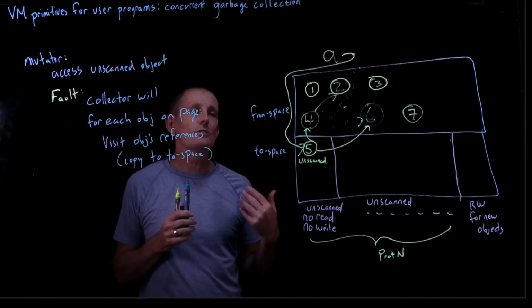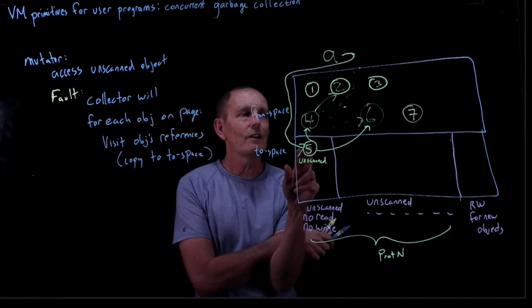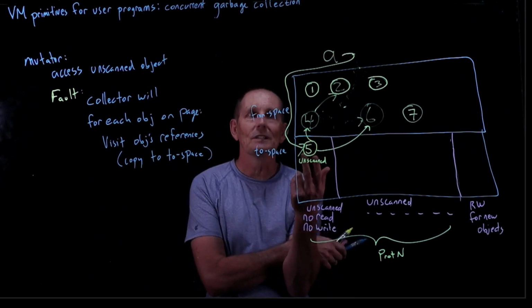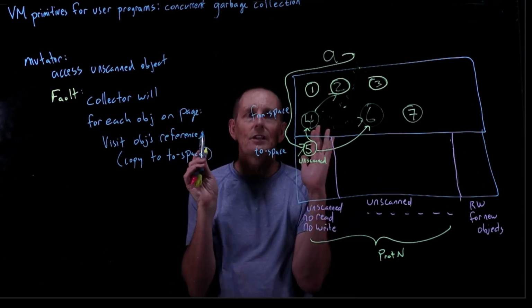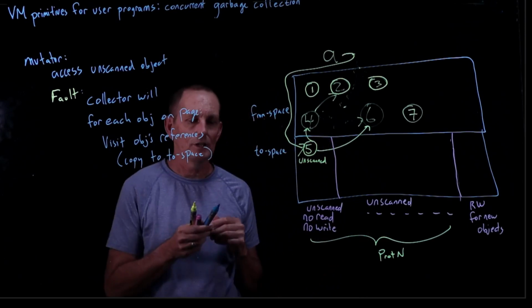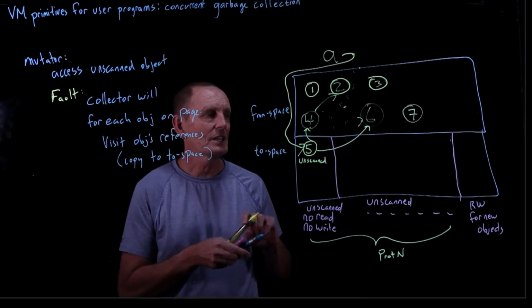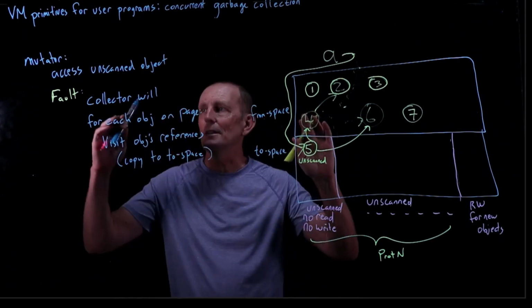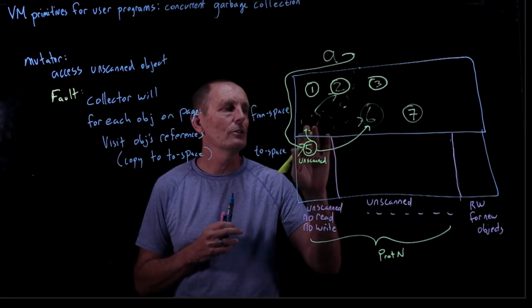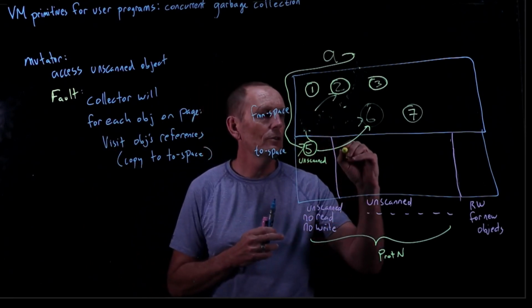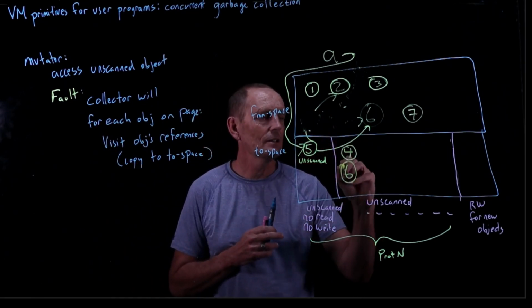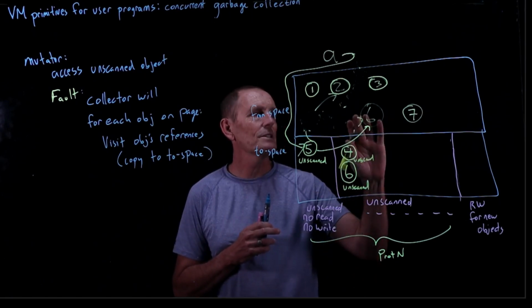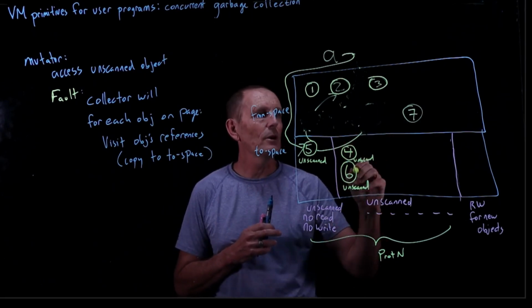So what's going to happen? We've got a fault. The mutator is no longer running, right? It was using 5 because it wanted to do something to 5, okay? And all of a sudden, it stops because we got a page fault. So the collector is going to copy 4, copy 6. Those are now unscanned. Update the references.